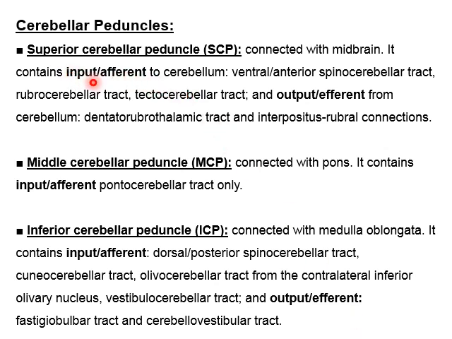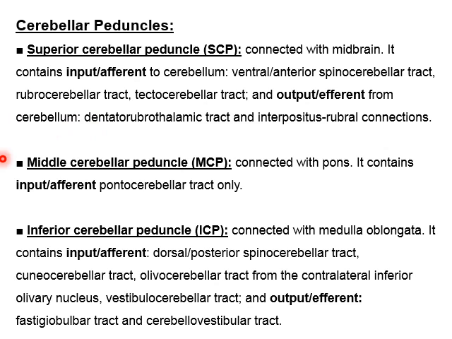When I say the word input, it means afferent, fibers going into the cerebellum. These fibers include the ventral or anterior spinocerebellar tract, the rubrocerebellar tract, the tectocerebellar tract, and the output or efferent fibers going out from the cerebellum include the dentato-rubrothalamic tract and the interpositus rubral connections.